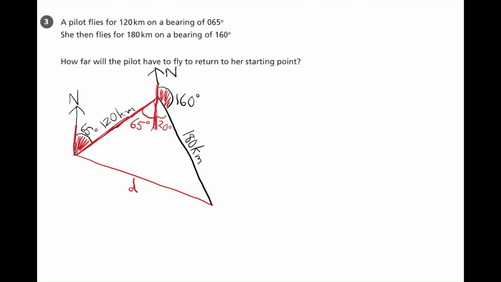So we now know the angle inside the triangle is 85 degrees. It might be helpful to draw the triangle again. Angle 85 degrees with 120 and 180 as the known sides. And we're trying to find this side, D.